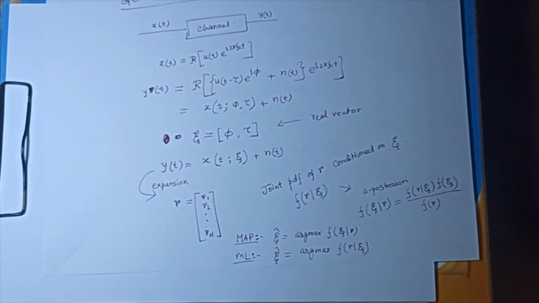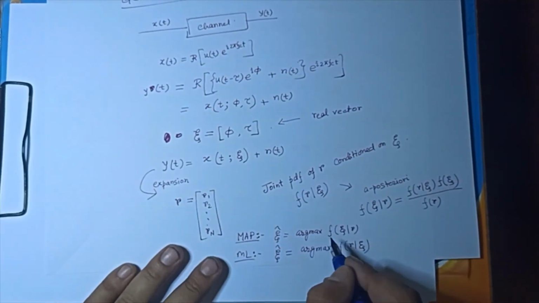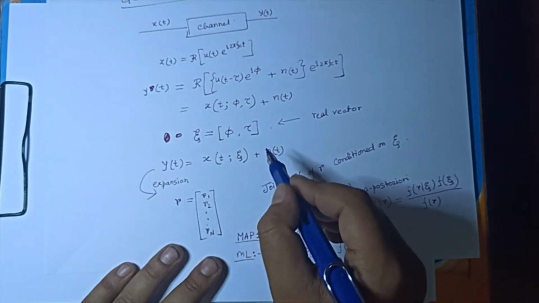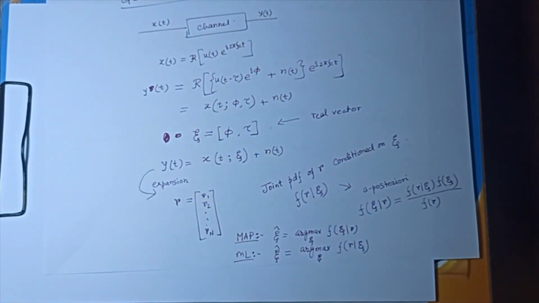Here this analysis has to be performed over all values of your xi, which is continuous. Xi is basically time and phase, they are continuous. So for every value it has to be computed, and that is quite difficult, even analytically. So Wiener filter, Kalman filter, particle filter, those concepts need to be understood before solving this MAP and ML problem, because the search space is uncountably infinite, real numbers, contrary to detection theory.